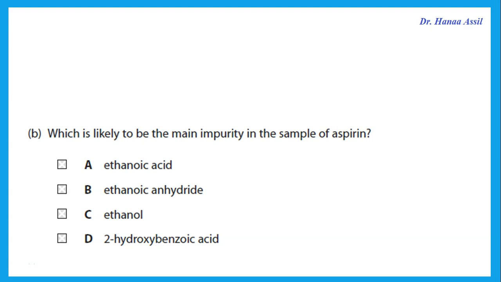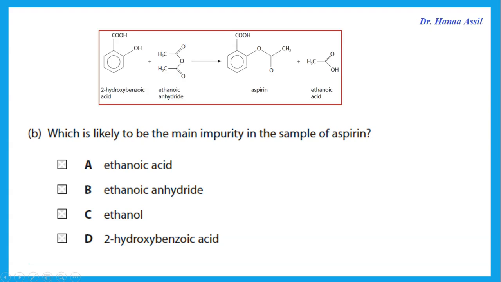The second part of the question says, which is likely to be the main impurity in the sample of aspirin? So what was the reaction? This was the reaction. So we have 2-hydroxybenzoic acid reacting with ethanoic anhydride. It gives me the product that we require plus ethanoic acid. Which of these could be an impurity? Well, to be an impurity, it has to be something that will remain as a solid with the aspirin.